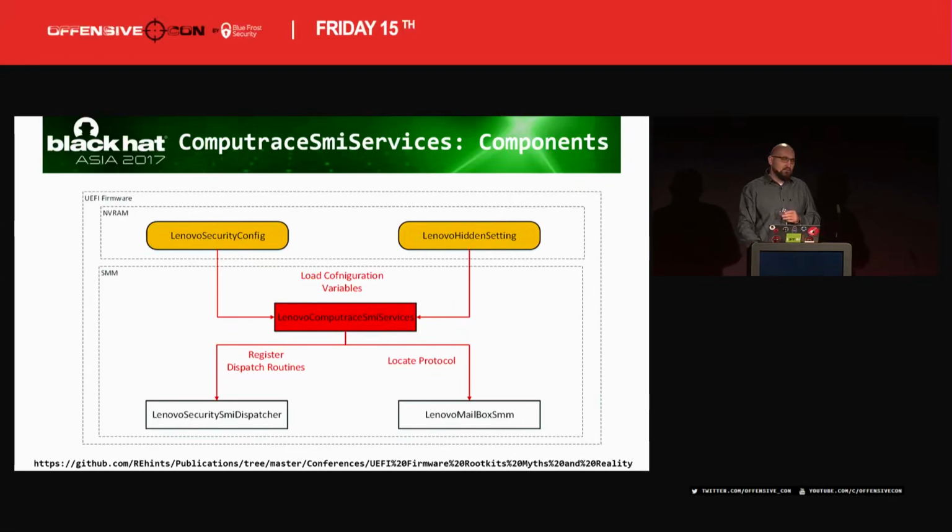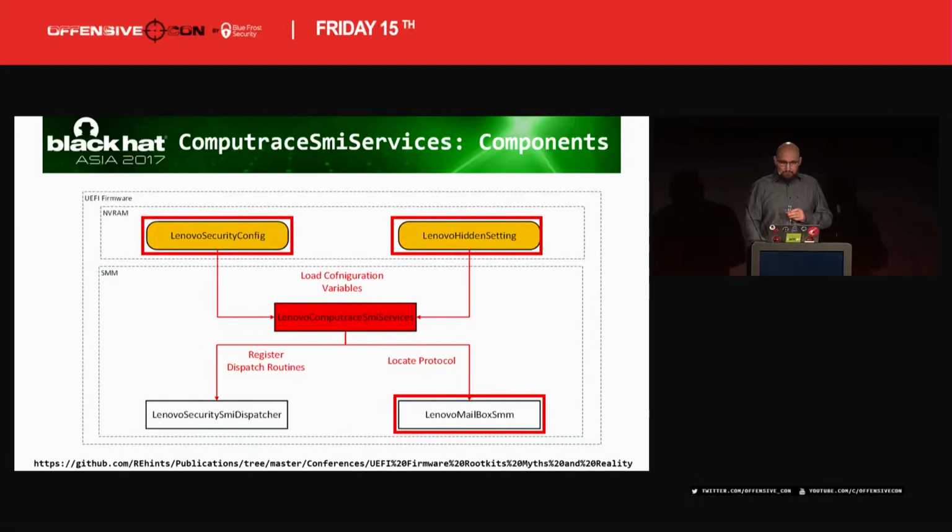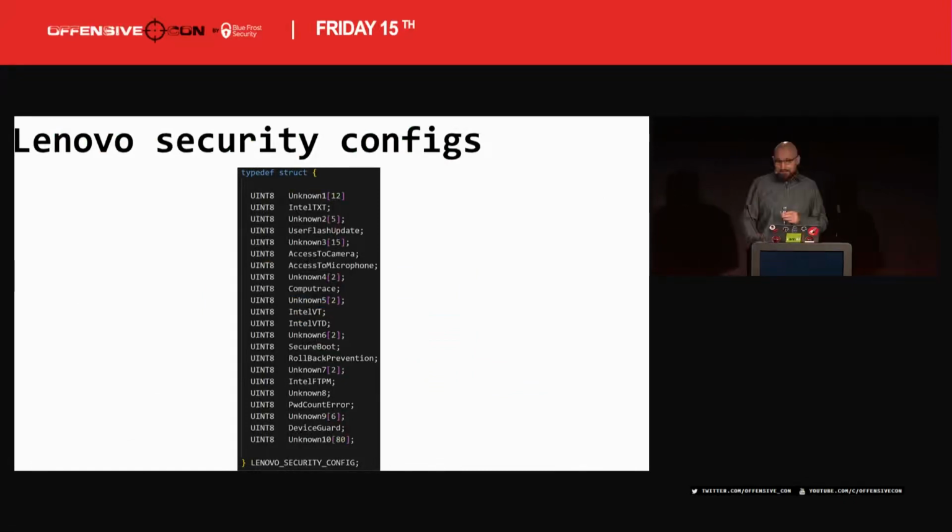But if you reverse engineer the interface, how you properly communicate with the SMI handlers, you don't even need to dig into the mailbox stuff, which is quite scary because it makes things easier for the attacker to understand.